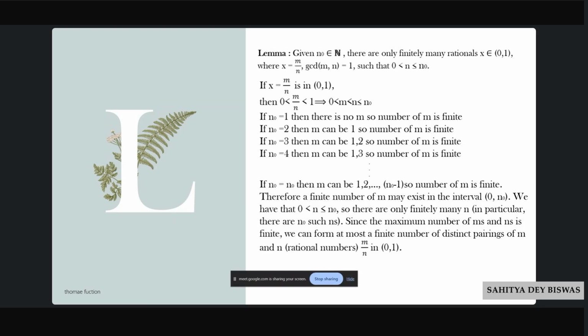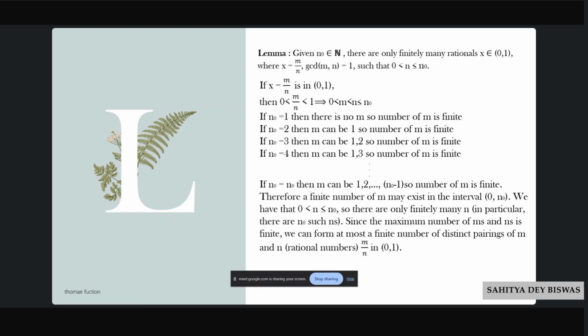Continuing this process, if I take n equal to n naught, the maximum value, then the choice for m is from 1 to n naught minus 1, meaning I have only n naught minus 1 choices. So in this case also, the choice of m is finite, and the choice of n is also finite, because n is between 0 and n naught.